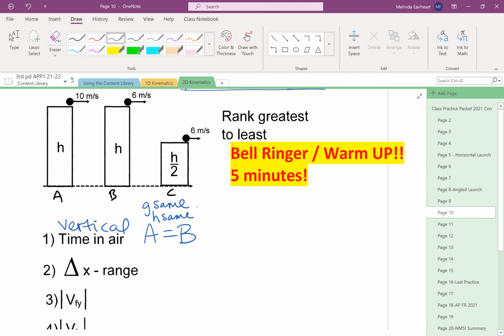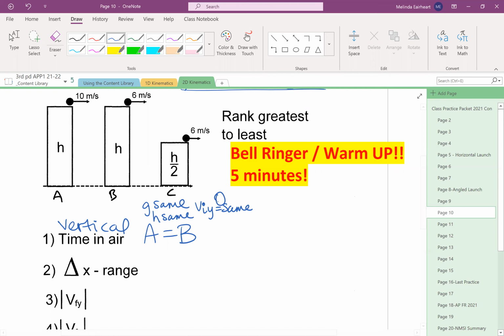Initial vertical velocity is the same. And specifically, when you have a horizontal launch, if you have no vertical advantage when you leave that building or tabletop, if there's no up, no down, if it's just straight out, what is that initial vertical velocity? What magic number? 0. Okay, and so because of that, A and B are the same.